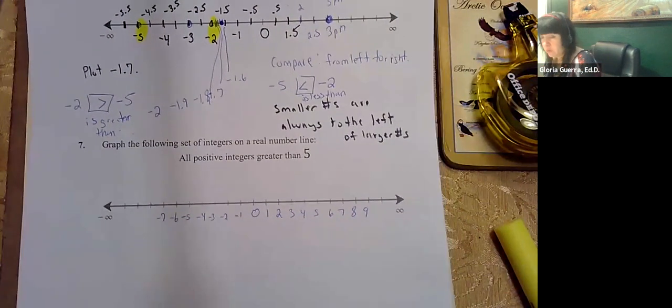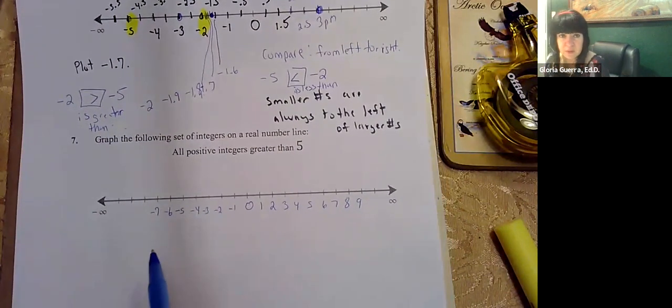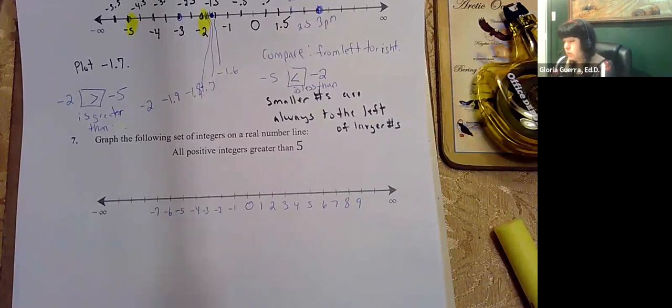I don't think we have to label each tick mark, but just enough to get us through this problem. They want you to graph all the positive integers that are greater than 5.